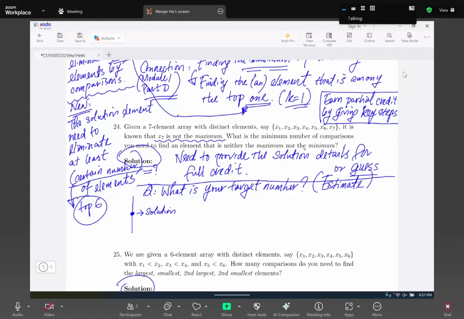Higher means has greater value than this solution element. So that means you should be able to find one element that is above this element. Similarly, it cannot be the minimum. That means you can find at least one element that is below, smaller than this element. At least one.